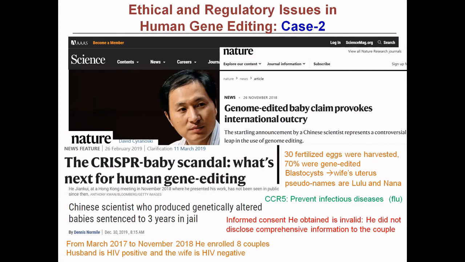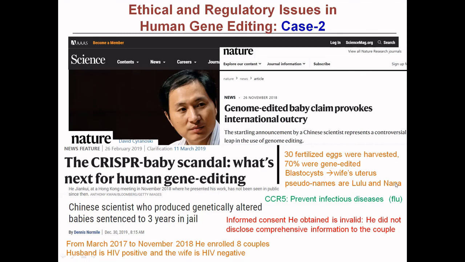The objective is to delete CCR5 so that if the children are born, they cannot be infected with HIV. When they were edited, they were implanted in the wife's uterus. Of 30 fertilized eggs, 70% successful means 21 successfully edited eggs. At least we know 2 viable babies were born. One of them is Lulu, another is Nana.